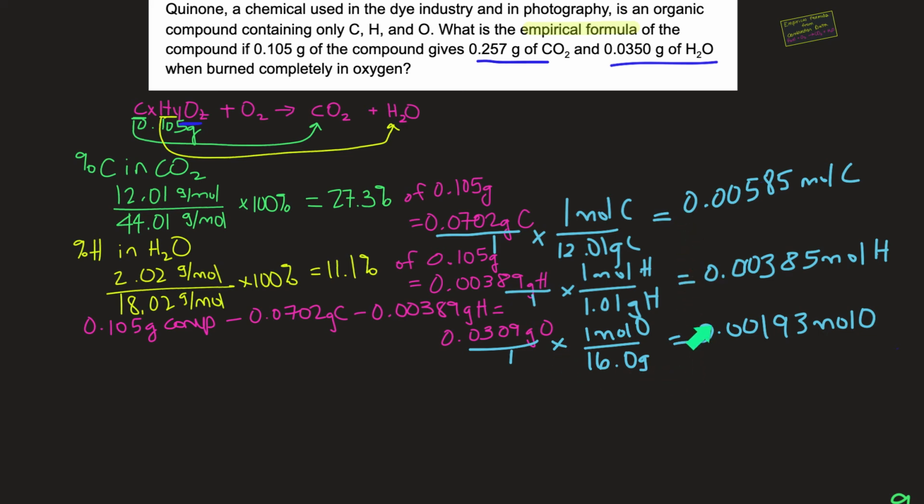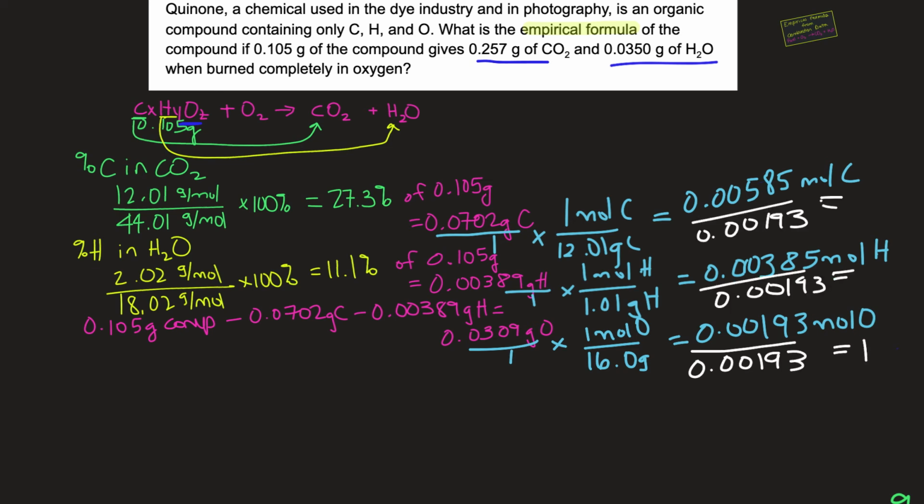I have my 3 answers here, and now you have to pick the smallest one. It looks like our moles of oxygen is the smallest one, so I'm going to divide everything through by that number. Clearly we're going to have a ratio of 1 here. When I do it with my hydrogen, I get something really close to 2, and with my carbon, I get something really close to 3.